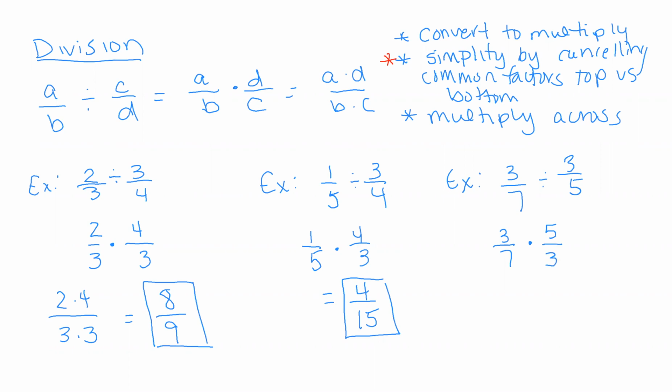We look to see if there's anything to cancel, and in this case, we can cancel 3s. 3 and 3 have a 3 in common, so each gets divided by 3. 3 divided by 3 is 1, and 3 divided by 3 is still 1. Nothing else will cancel top to bottom. So remember, I'm multiplying these little numbers right here: 1 times 5 and 7 times 1. So my final answer is 5/7.